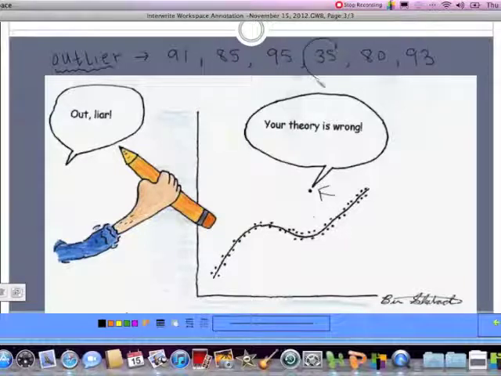If you picked 35, you are correct. 35 is the outlier because it is much less than the other numbers in my data set. And we'll talk a lot about outliers today and how they can skew your mean, your average. If I were getting a class average of this data set, that 35 would bring my class average down. So that is why we say outliers affect the mean.